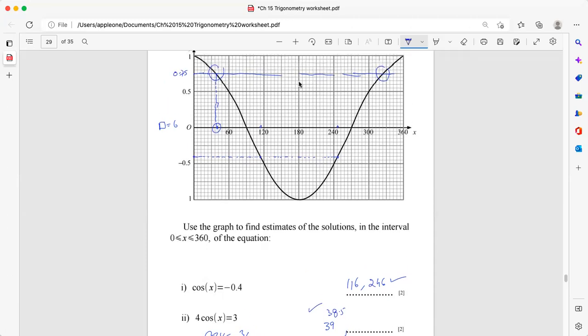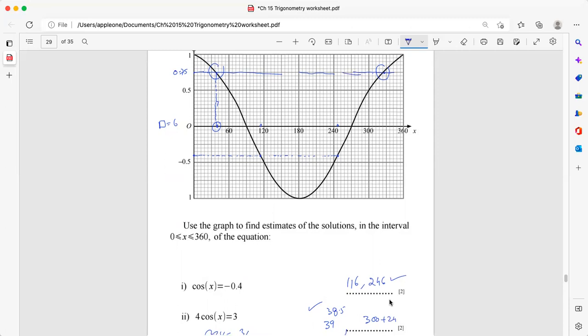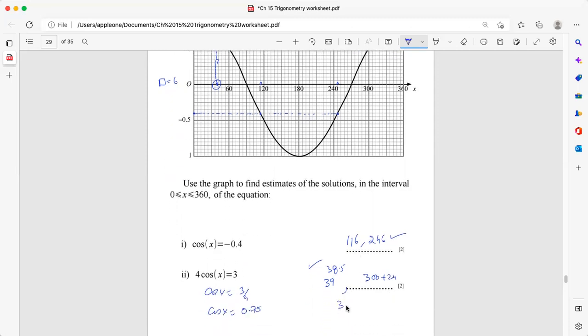The next value is somewhere here. See here, 1, 2, 3, 4, and somewhere there. So, yeah, 4. If you see the curve and the line, they are touching each other at this point. So it's 6 4s, or 24. So 300 plus 24, which is 324.